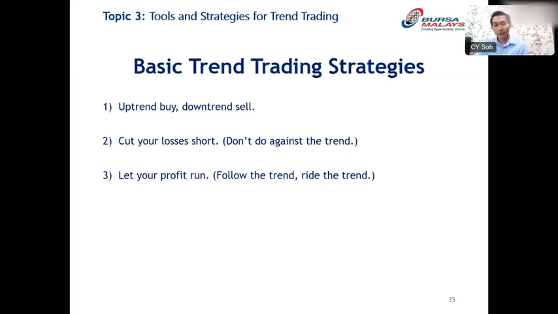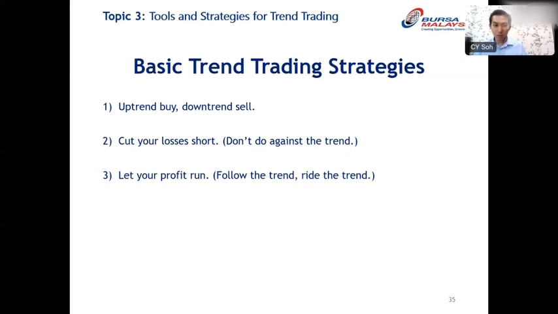All right. So of course, you might be saying that these 3 basic trend trading strategies are so basic in your mind. You might already know, all right? But don't look down on these 3 basic strategies. If you look at 100 books of trading strategies or technical analysis, all of those books are actually saying the same thing.